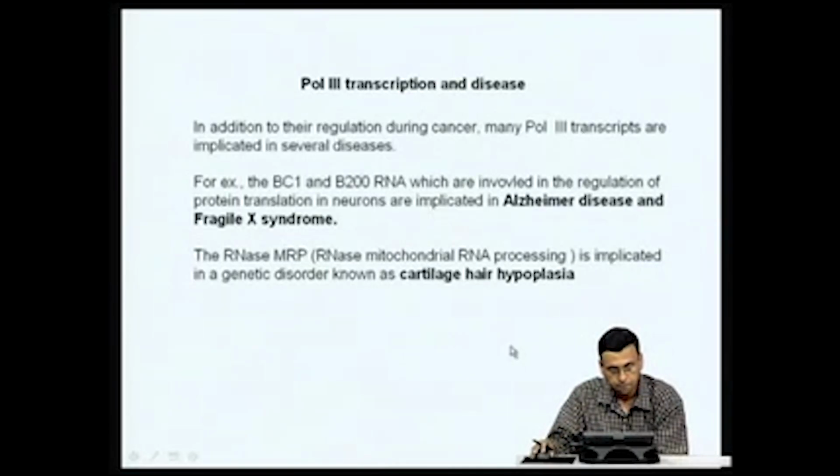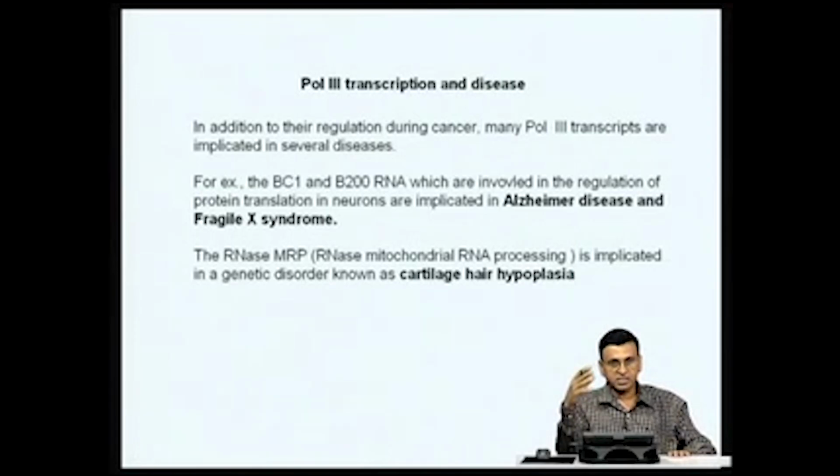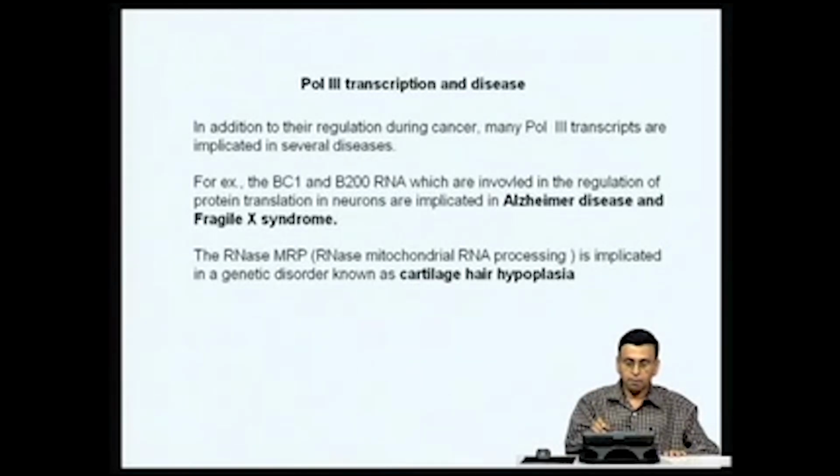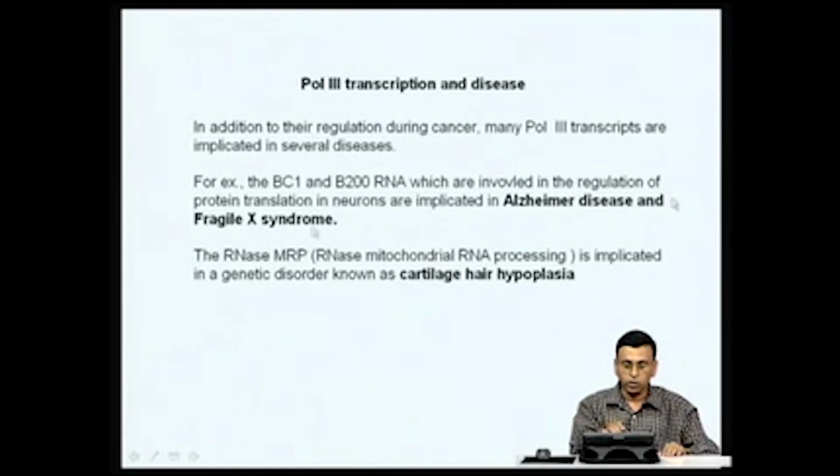So, in addition to this regulation of Pol III transcription in cancer, Pol III transcription is also implicated in a number of diseases. For example, as I mentioned in that long table of the various RNAs which are transcribed by Pol III, in the case of neuronal cells there are what are called BC1 and BC200 RNAs, which are involved in the regulation of protein translation.